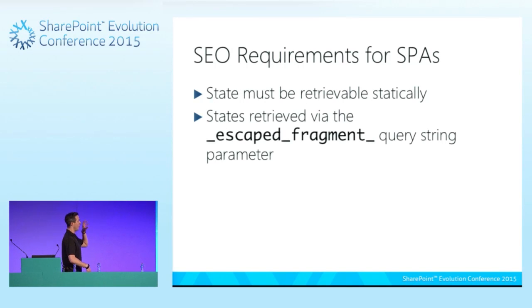They say the way they want you to make it available is to include a query string parameter that includes the state of your SPA. So if you go to blog on our site, which from the SPA point of view is /#!/blog, you would have exactly the same as _escaped_fragment_=/blog. And Google expects that in that URL they will see exactly the same as what we see in the SPA.